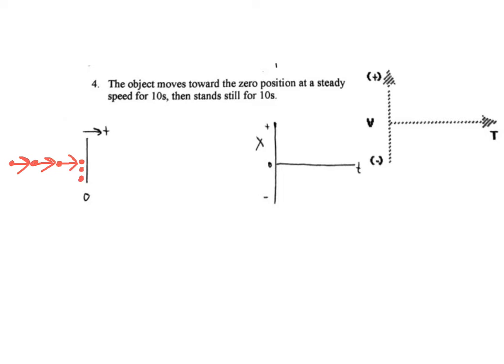Now, I'm going to ask, how do I describe my arrows on my motion map? What direction are they? They are positive. What is their length?